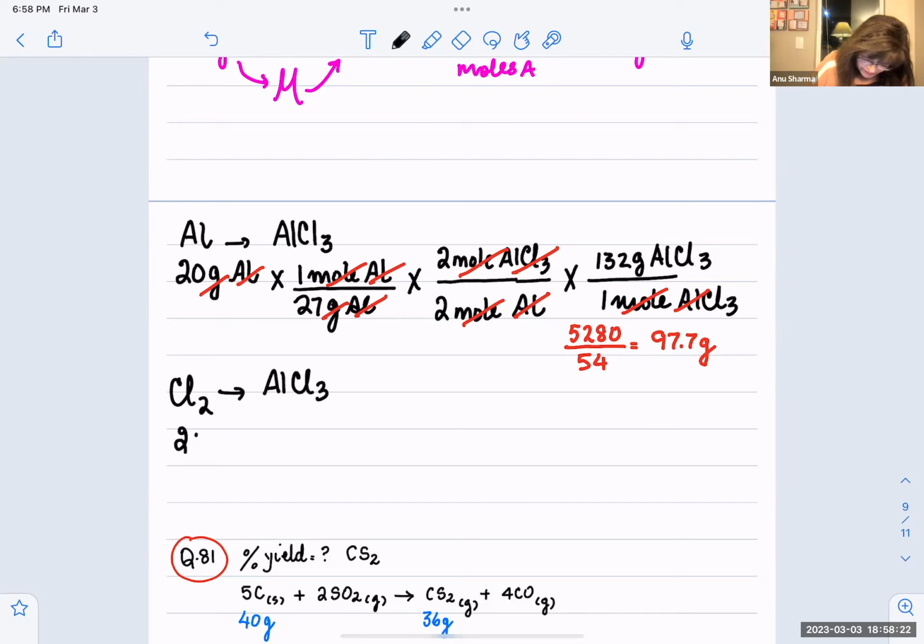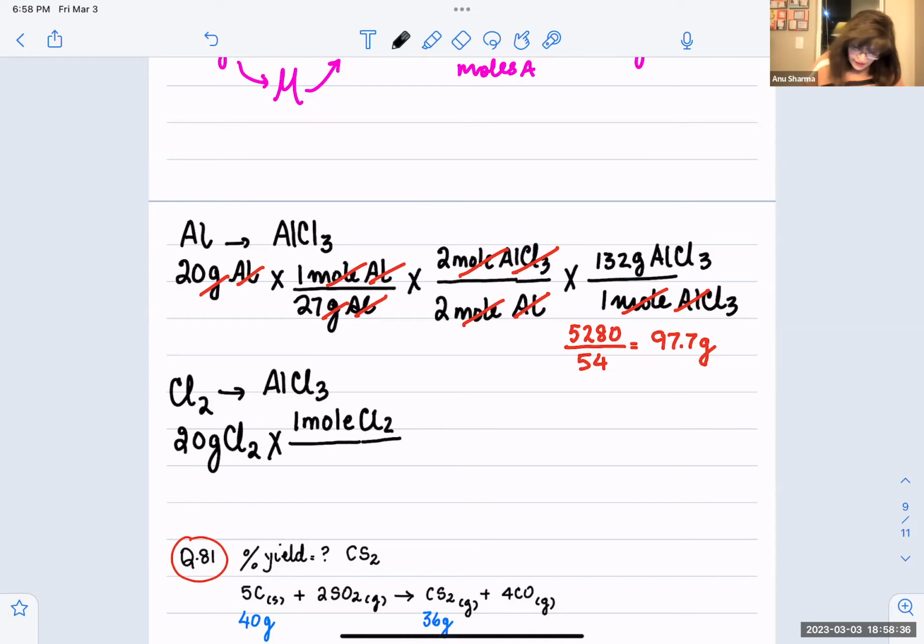So 20 grams of Cl2 times 1 mole of Cl2 over the Cl2 was 35, no, 70, sorry, 70 grams of Cl2, times the mole to mole ratio.